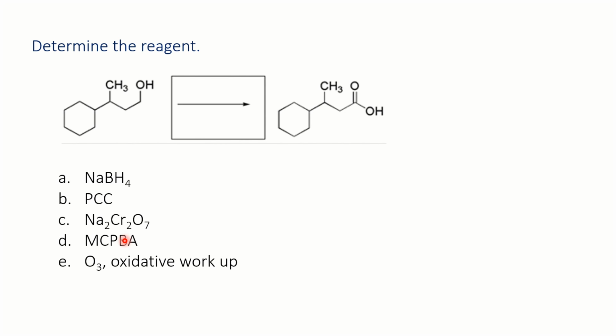MCPBA is oxygen insertion. That's not going to work here. And ozone is used for cleavage, and of course, again, that's not going to work here. And so our answer, therefore, is the sodium dichromate, which is the sodium salt of chromic acid.